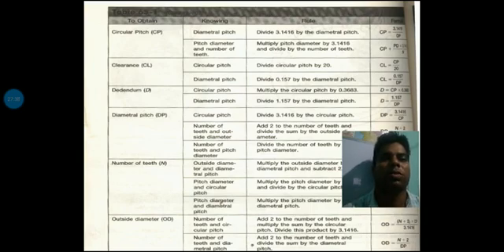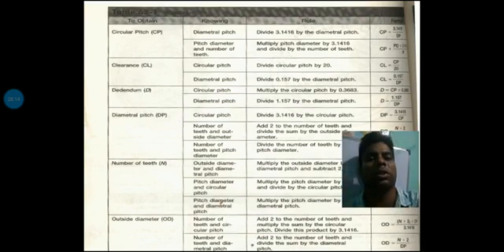If you have some idea of the gear terminology, you can easily put the basic equations or formulas into the main design conditions and get the results one by one. So these are the points you have to consider for the design of spur gear, and that is the basic.